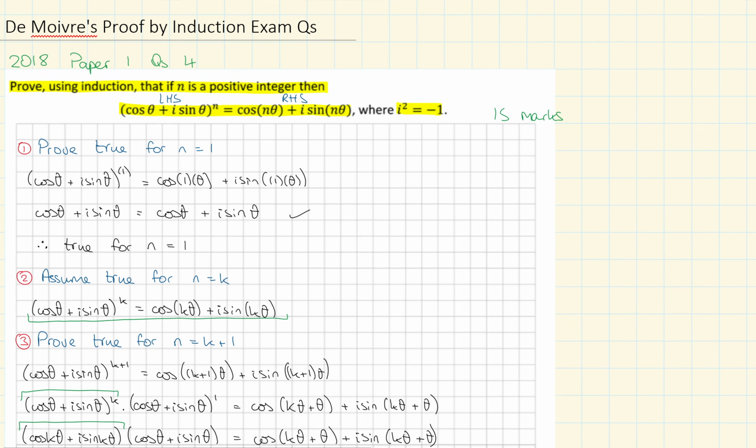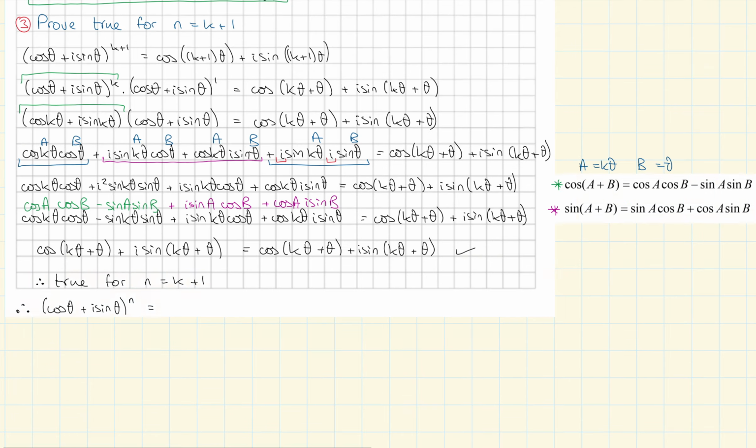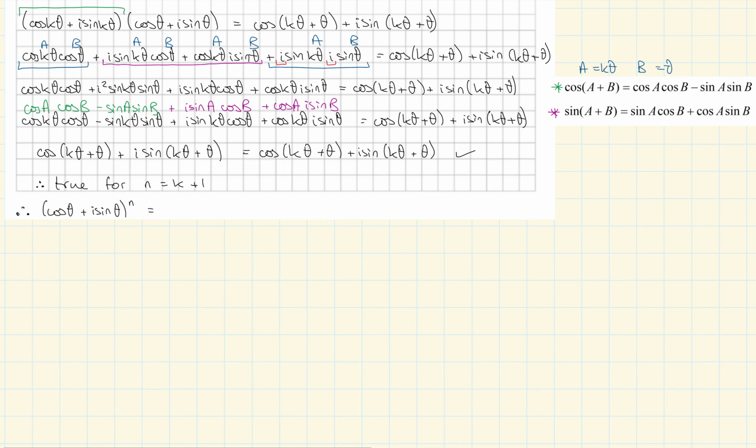So we had (cos theta plus i sine theta) to the power of n, left hand side, equals cos n theta plus i sine n theta.